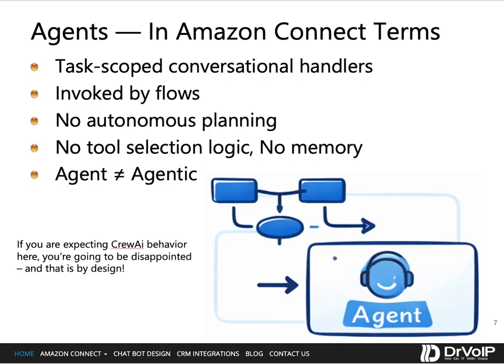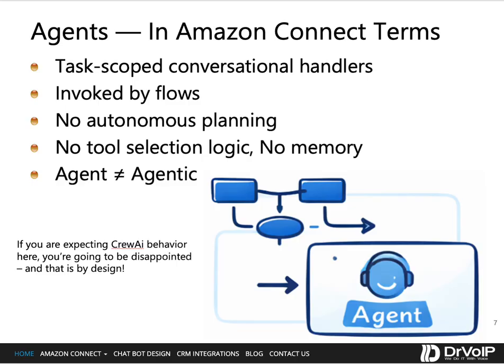So agents in Amazon Connect terms are a little different than agents in Bedrock terms or generative AI. These are task scoped conversational handlers. Okay, they're tools you're going to use to help handle conversations, and they're invoked in a contact flow. I'll show you that. We'll take a look at that.